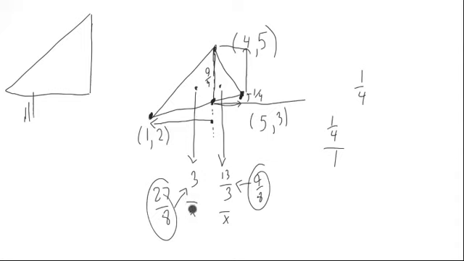All right, so how do you find the overall X bar? Well, it's going to be a weighted average. If you take these two and add them together, 27 plus 9 would be 36, divided by 8.